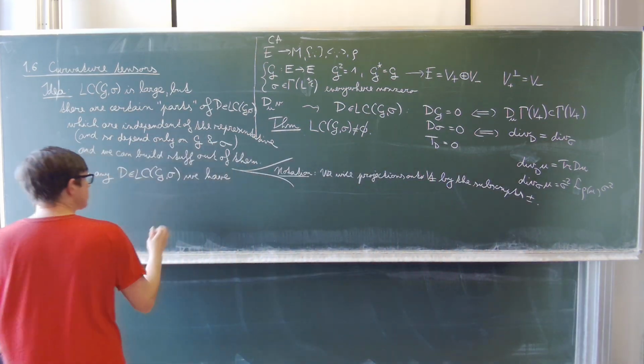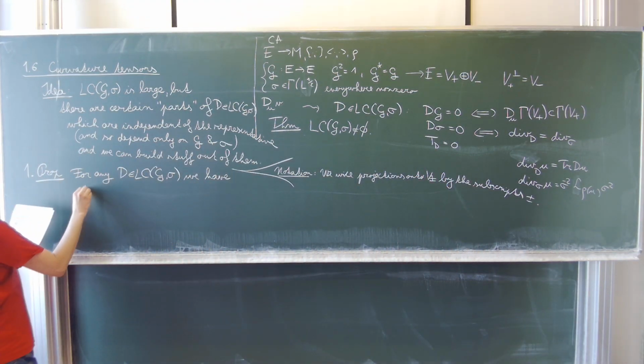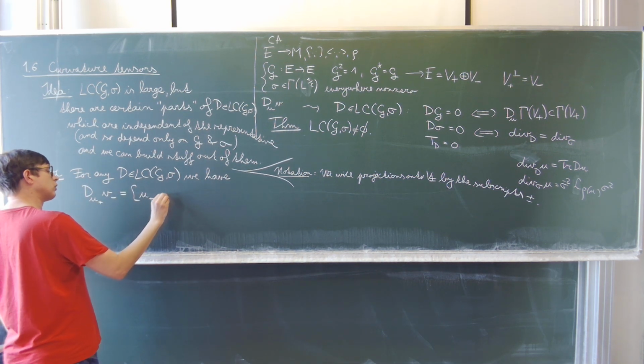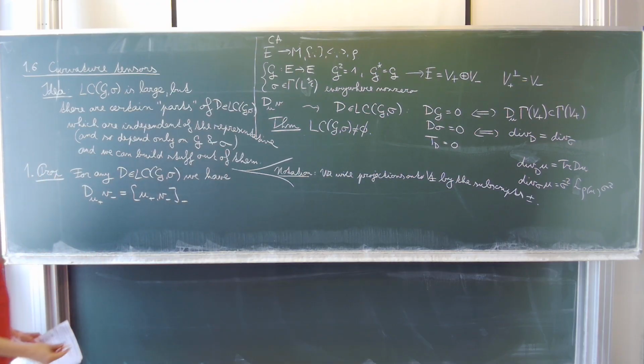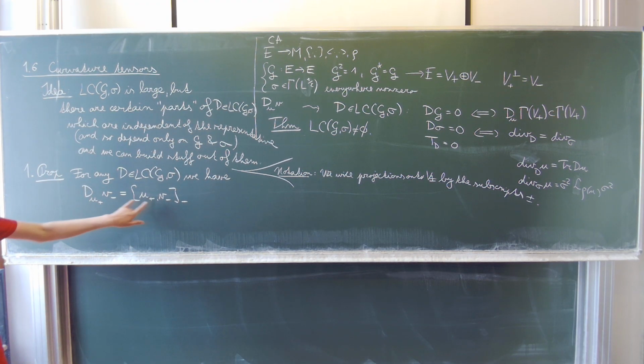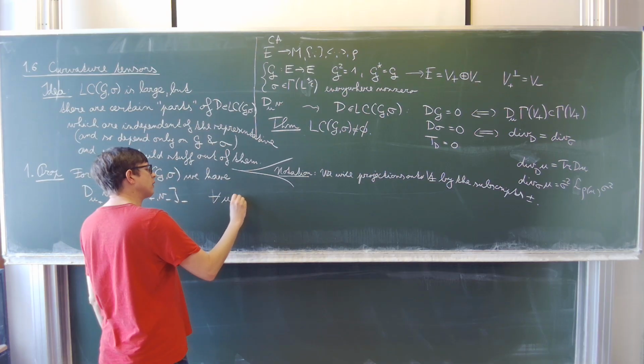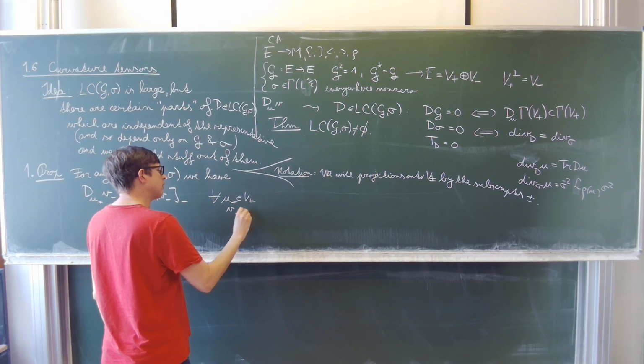So what I mean is that here, U plus, all V plus into V plus, all V minus into V minus.